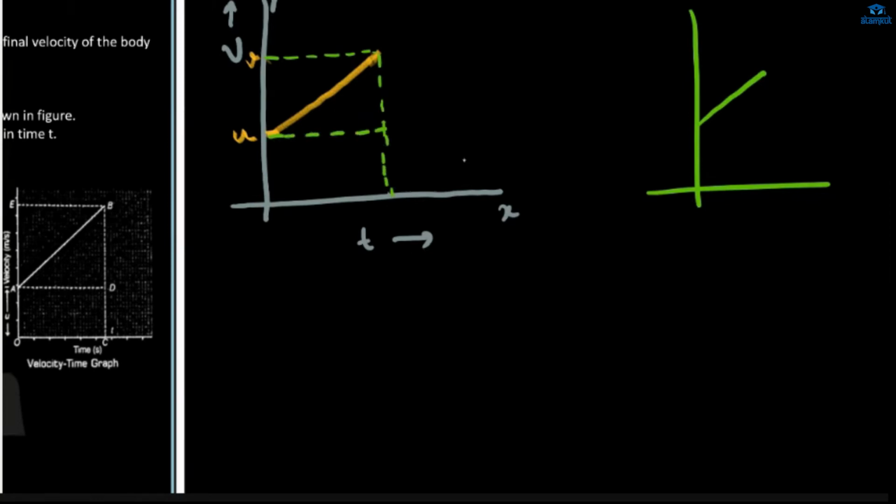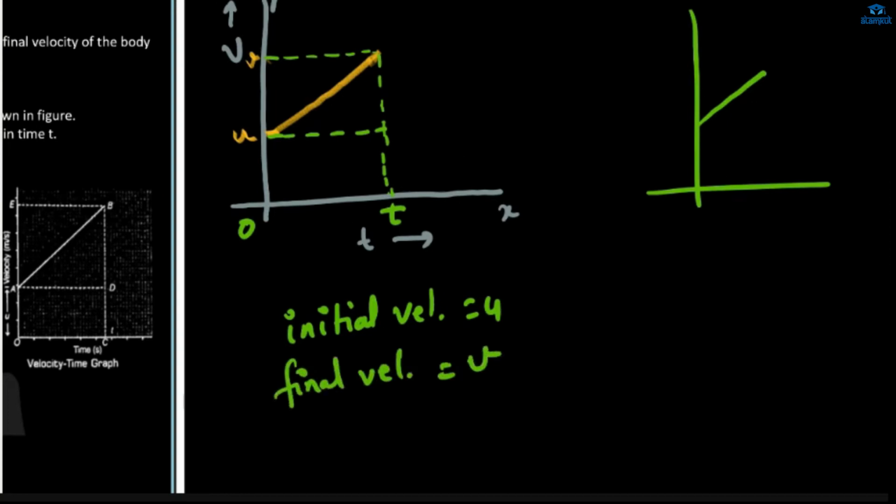This is some time t, any time t. The body has started with the initial velocity u, attains a final velocity v, and has traveled t time. This is our graph.